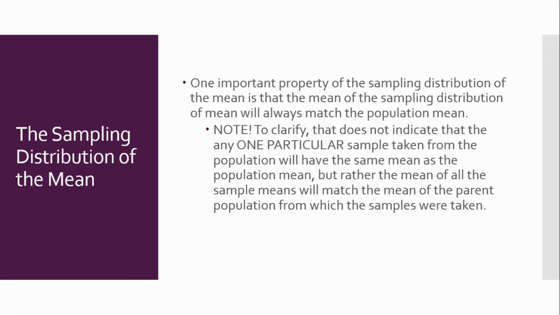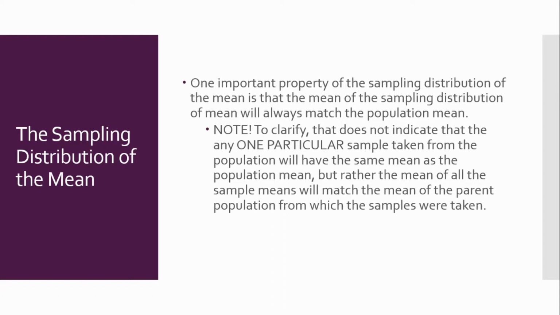One important property of the sampling distribution of the mean is that the mean of those means, so the mean of all those individual sample means, will always match the population mean. So I'm going to say that one more time. The mean of all those individual sample means taken from the parent population, that mean of those means will always match the parent population mean.